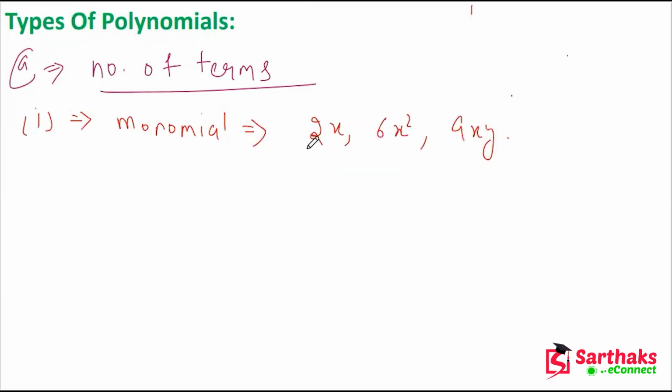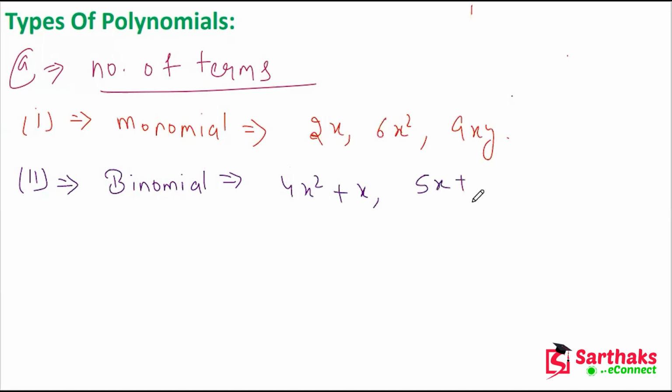Now the second is binomial. What is a binomial? A polynomial with two terms. For example, 4x square plus x, 5x plus 4.